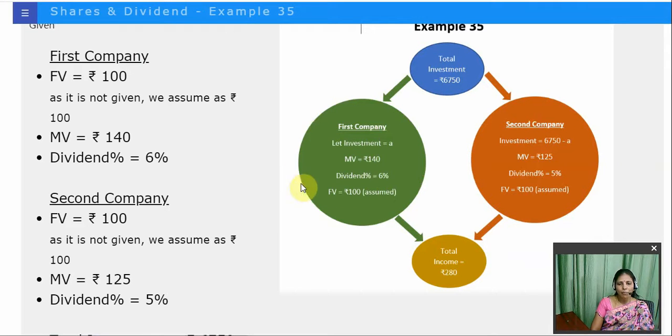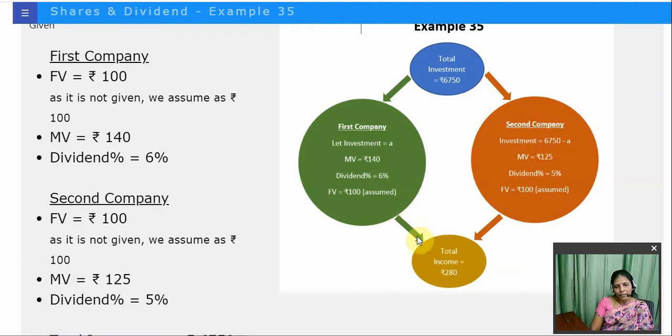He invested some money in the first company and the remaining in the second company. The market value, dividend percentage, everything is given. I have written all the given data of the first company inside this, and for the second company, market value, dividend percentage, face value, everything I have written under the second company.